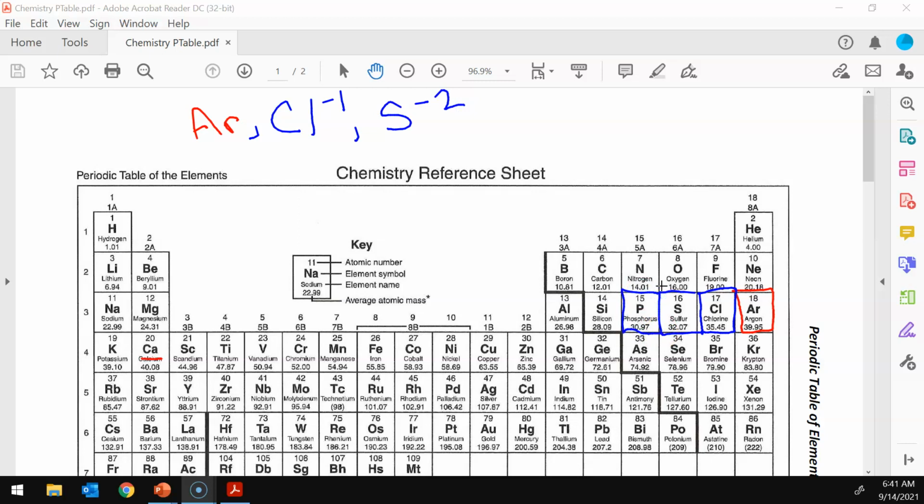Phosphorus normally has 15. To write phosphorus with 18 electrons, it'll be phosphorus with a -3 charge. And let's do one more. Potassium has 19 electrons. To write potassium with one less electron, it'll be potassium K with a +1 charge.